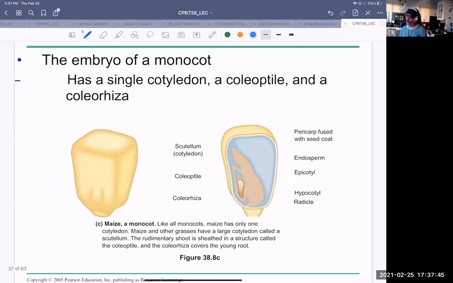A monocot has a single cotyledon, hence the name monocot. It also has a coleoptile and a coleorhiza. So this is the coleoptile, the coleorhiza.